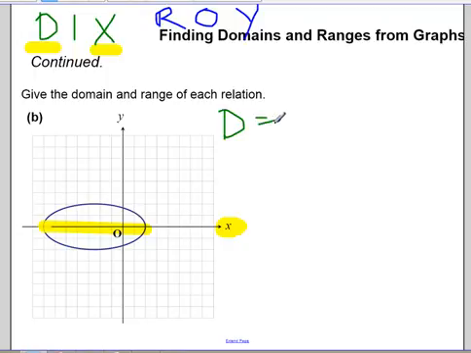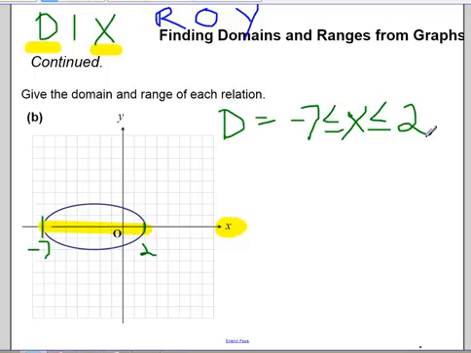We can say the domain is everything from this value here of -7 to this value here of +2. We can say x is in between. Using inequalities, we can write it as -7 to +2.